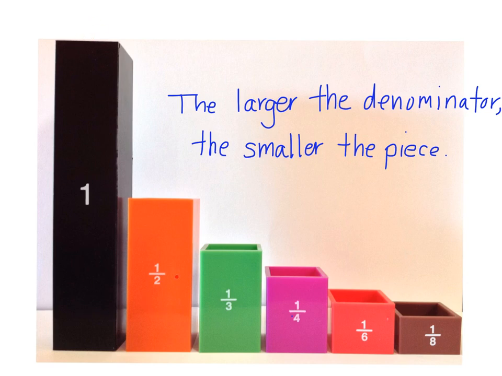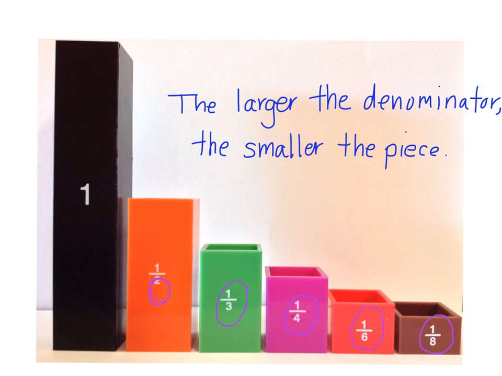Next to it, I have the 1/2. That means it takes 2 of these bars, the denominator's 2, it takes 2 of them to equal 1 of the wholes. Then we have the 1/3 with a denominator of 3, 1/4 with a denominator of 4, 1/6 with a denominator of 6, and 1/8 with a denominator of 8.